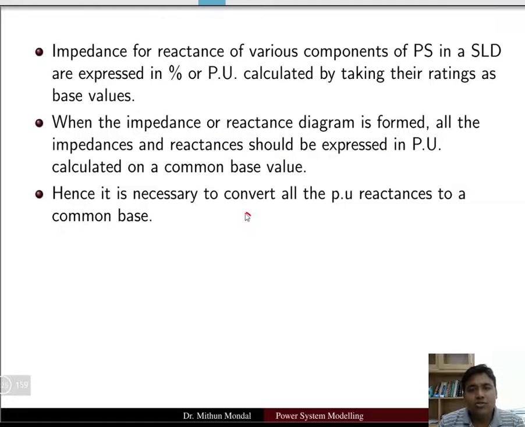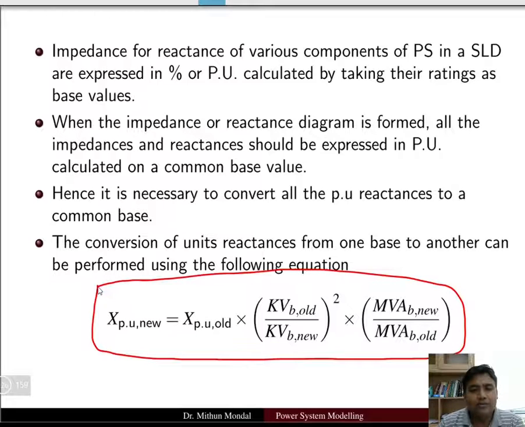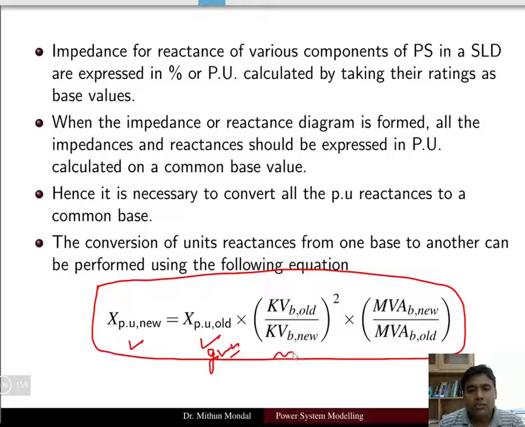So it is necessary to convert all the per unit reactances to a common base, and the conversion can be done using the formula that has been described in the per unit system. X per unit new equals X per unit old multiplied by this voltage term and this power term.